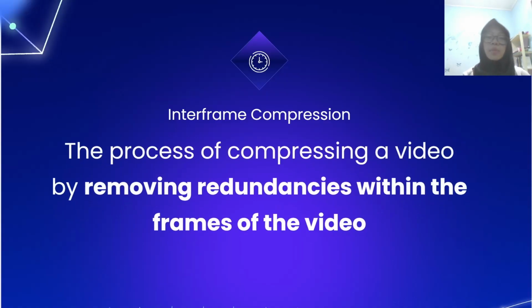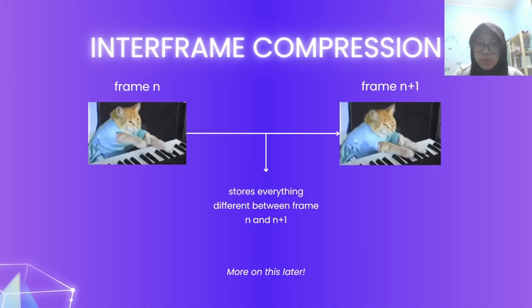Interframe compression, also known as temporal compression, is the process of compressing a video by removing redundancies within the frames of the video. To understand this, we have to know that between each frame there are differences between the frame right now and the next frame.